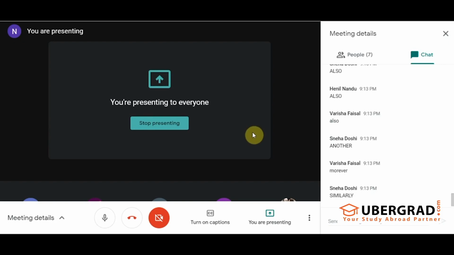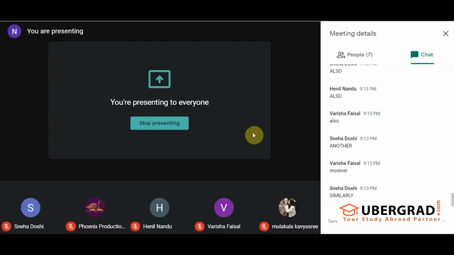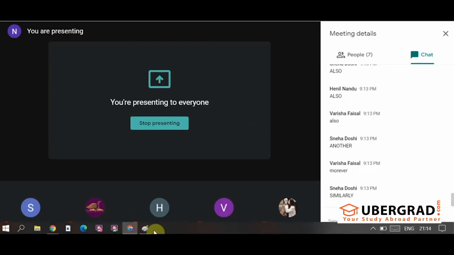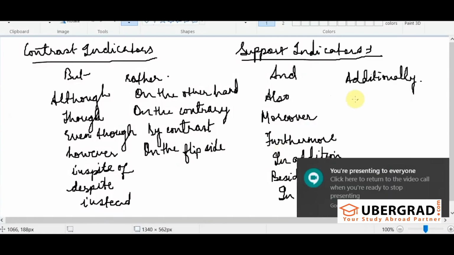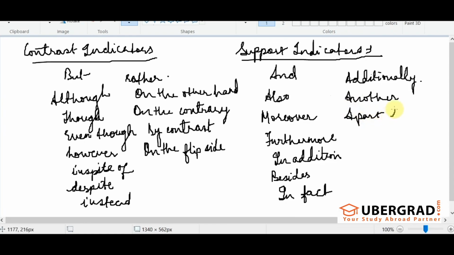Yes, another is also a support indicator, and similarly also, even likewise is a support indicator. Here we can use another. Apart from that, likewise, similarly.